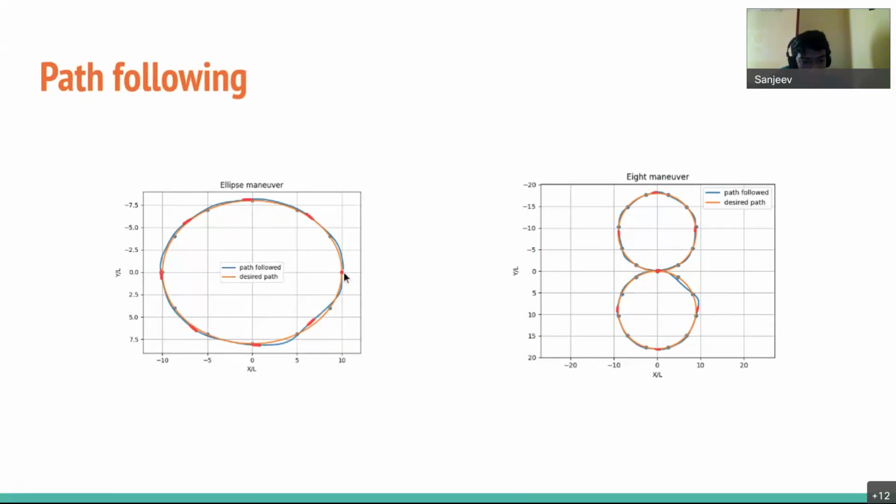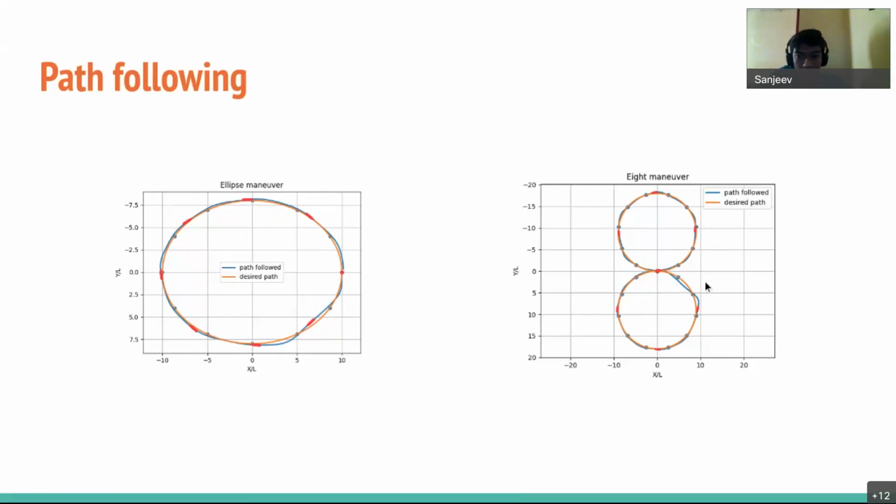One waypoint is given as the target, and once it reaches that waypoint, the next will be its target, and so on. And this is another maneuver, in which it completes the path in the shape of a figure eight. Basically it does this circle and then this circle.